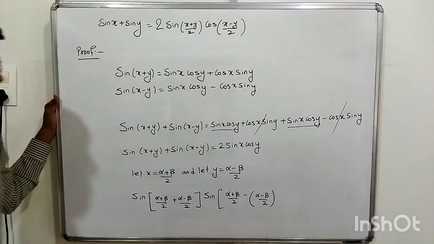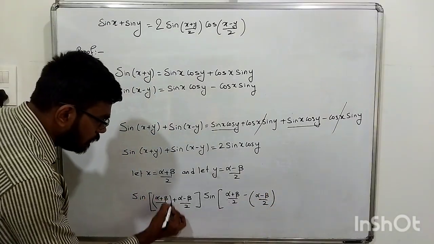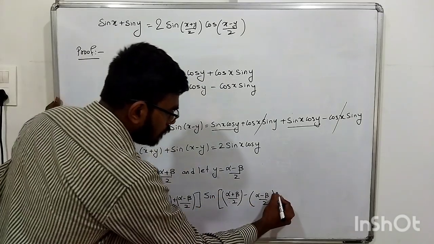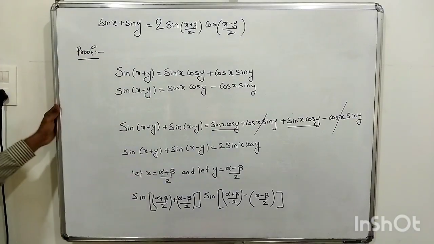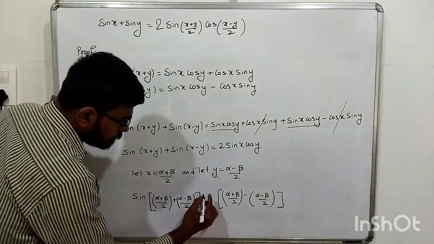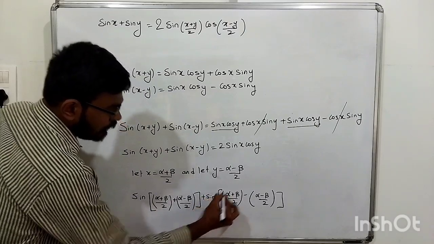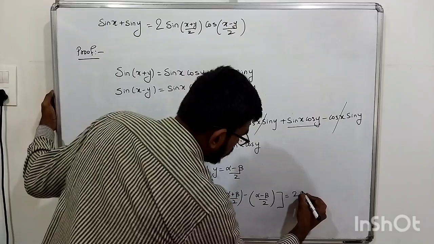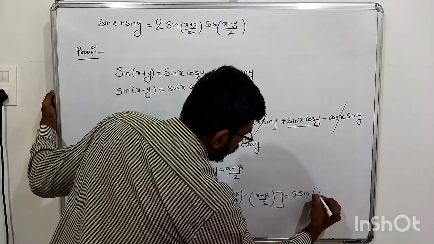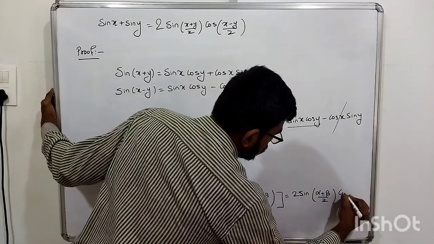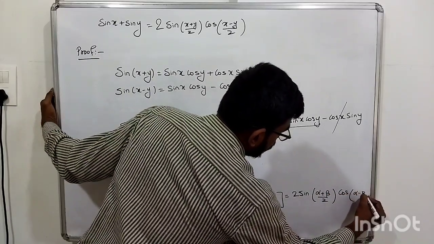On that side, what will happen? In place of x, alpha plus beta upon 2, sin alpha plus beta upon 2 and cos alpha minus beta upon 2.